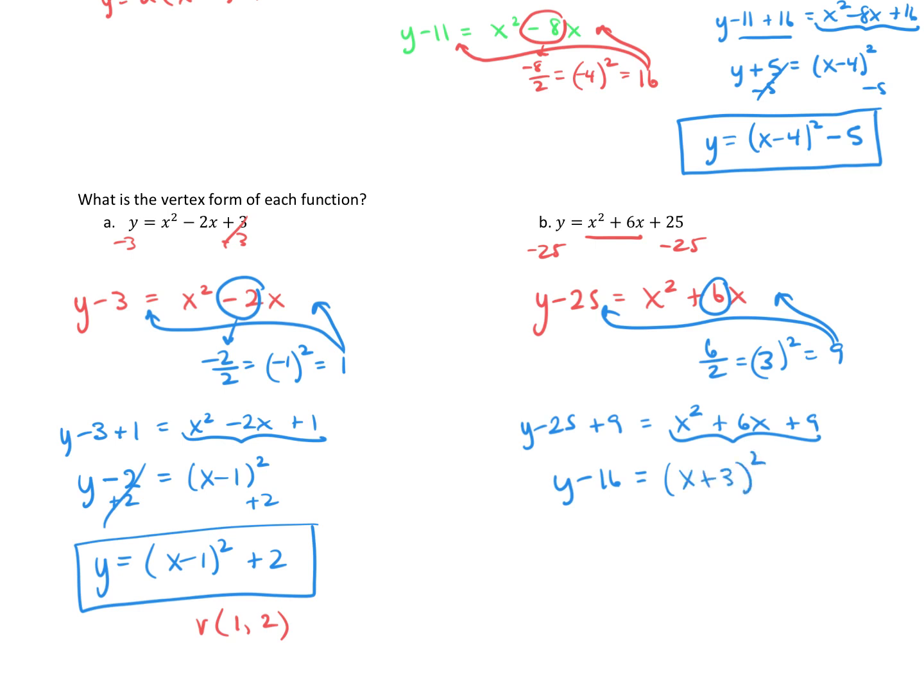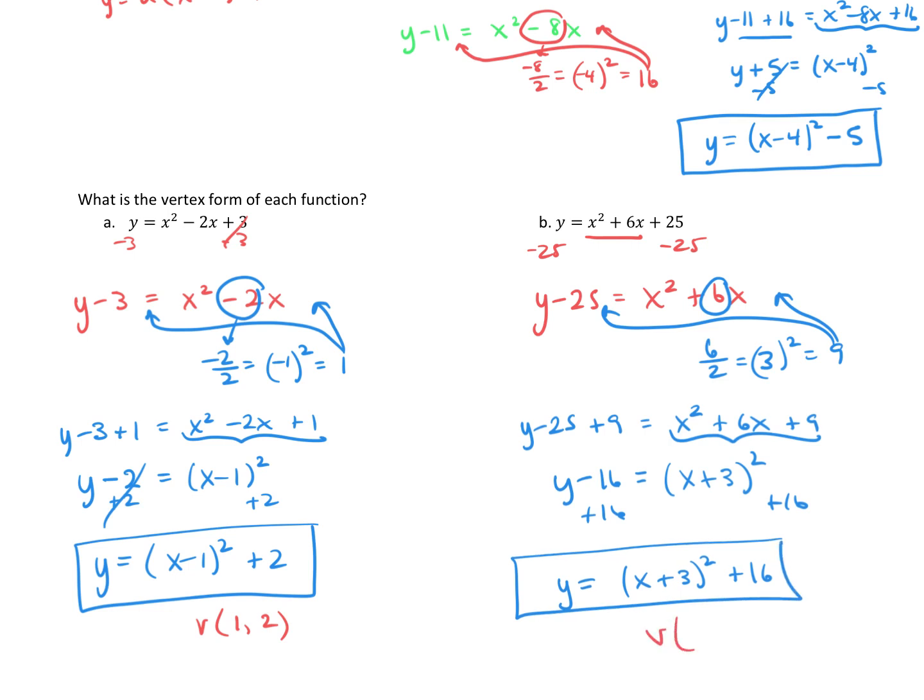So x plus 3 squared. Very last step, let's get that 16 to the other side. So we have y equals x plus 3 squared plus 16. Vertex of that parabola is a tricky x, negative 3, positive 16.